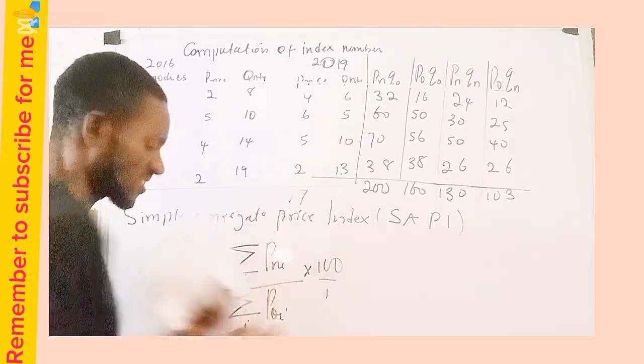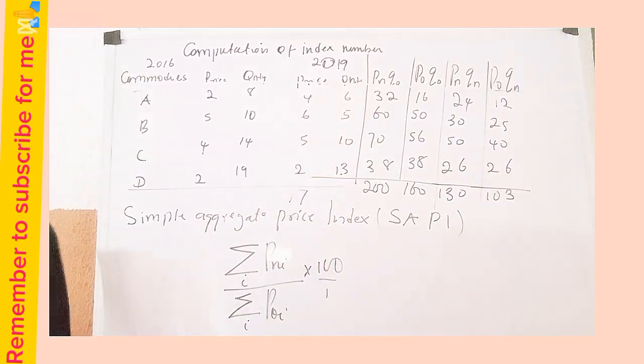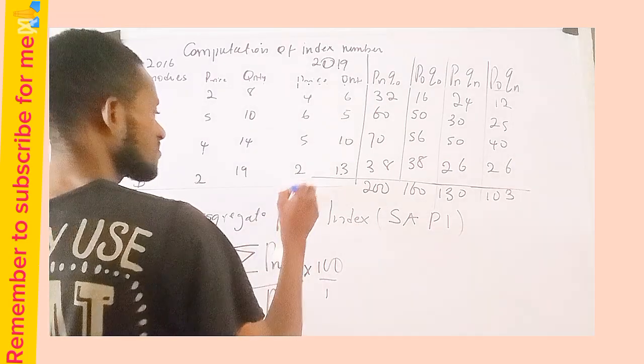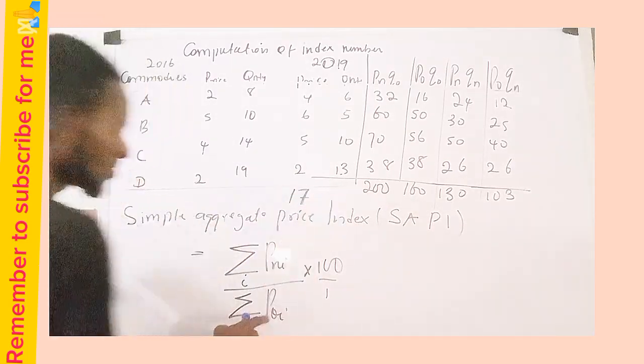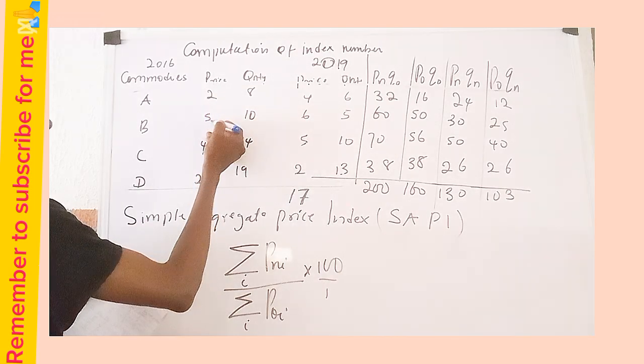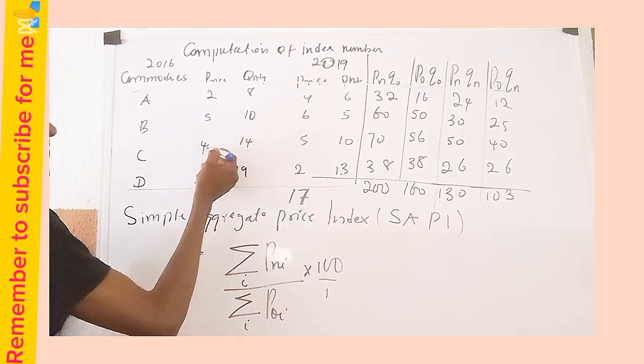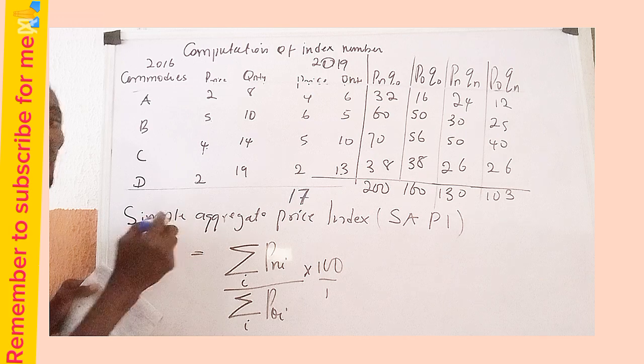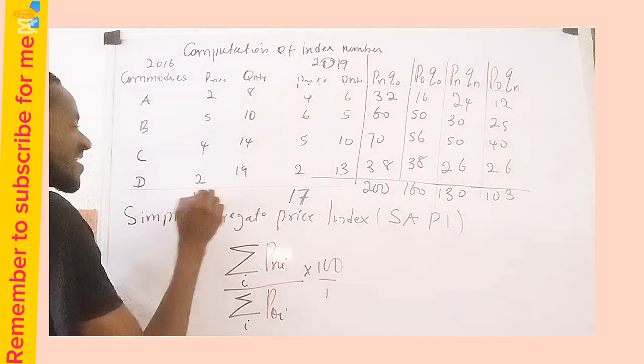For the base year, 2 plus 5 gives 7, plus 4 gives 11, plus 2 gives 13.